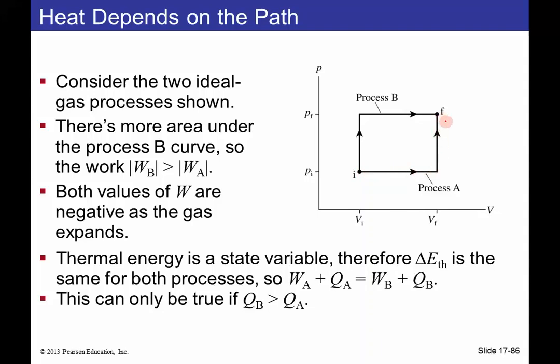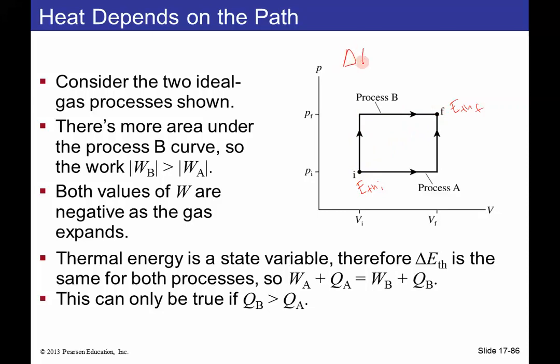this isochoric process. As you can see, the work done here, for instance, is different than the work done on this path. So you have an internal energy E thermal initial here, and an internal energy E thermal final here. The change in thermal energy when you go from initial to final is the same for both processes.